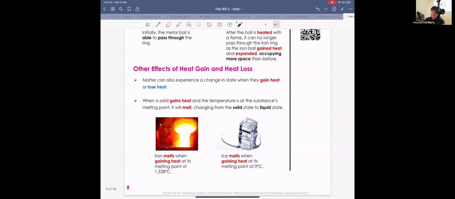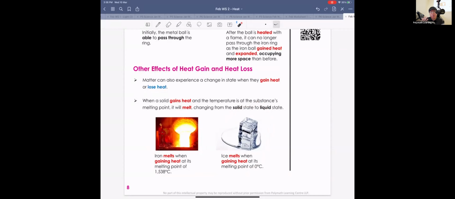Okay, so other effects of heat gain and heat loss include: a solid will melt if it gains too much heat at its melting point. You learned melting. Melting point is the temperature where a solid turns into a liquid. You learned that in P5. Ice will also melt when it gains heat. Water will also dry up. It's called evaporation.